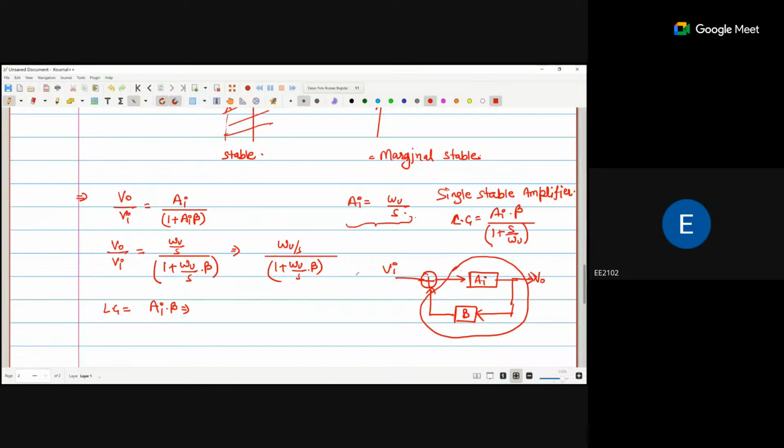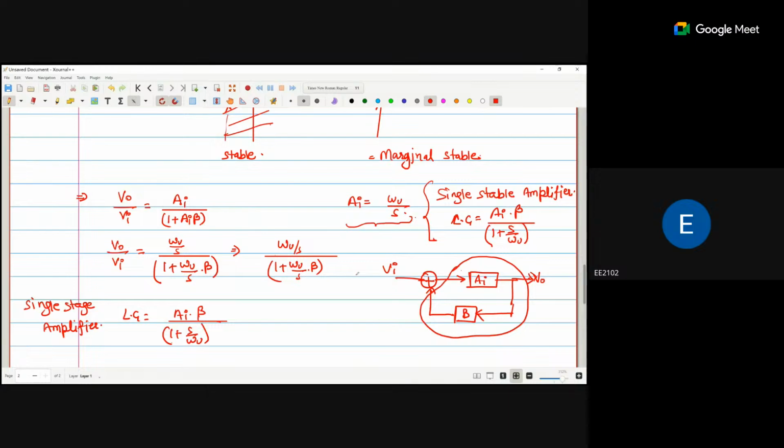That is for the single stage amplifier. I am talking about the operational amplifier only. So for the single stage amplifier, the loop gain is Ai times beta upon 1 plus S upon omega u.